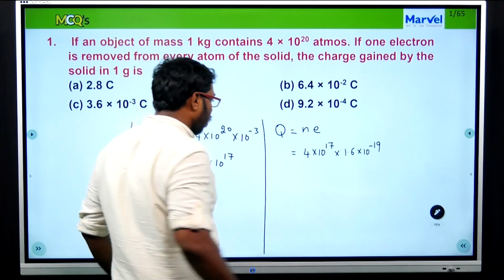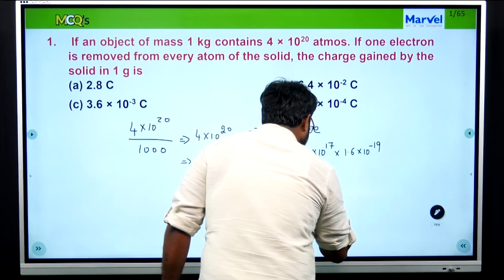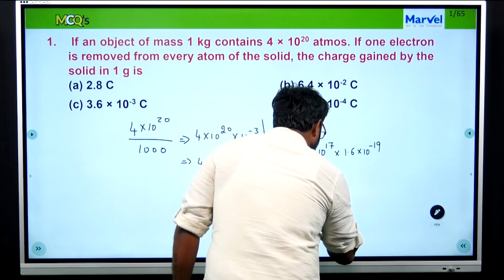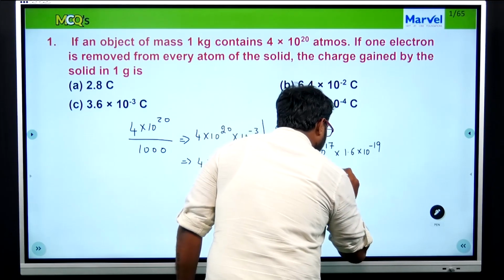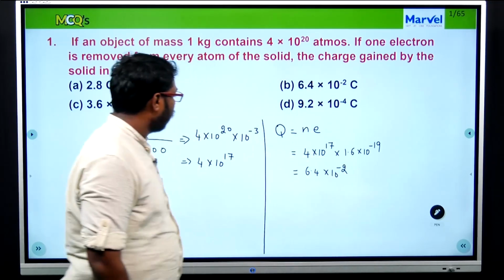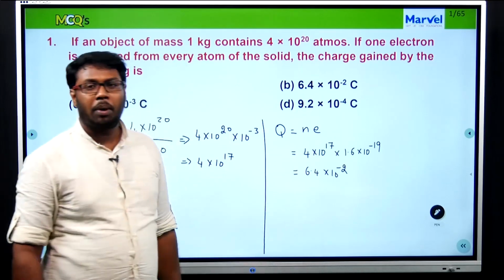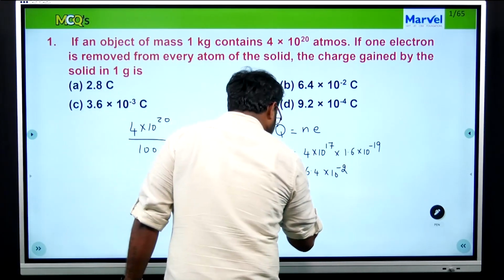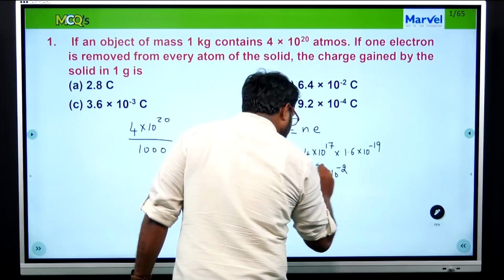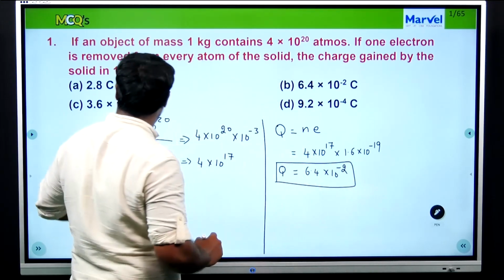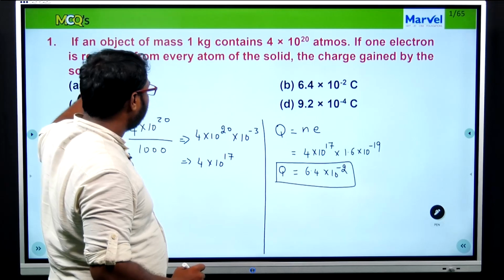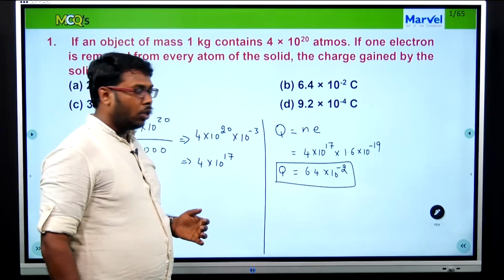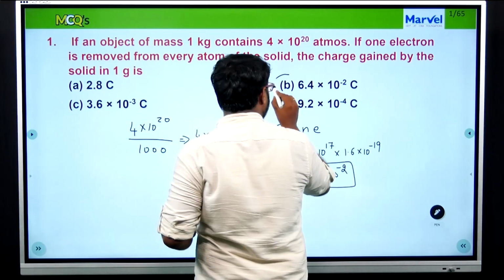So listen, 4 into 1.6 is nothing but 6.4 into 10 power minus 2. 19 minus 17 is minus 2. So this is the amount of charge that 1 gram of solid is going to gain. So option B is your answer.